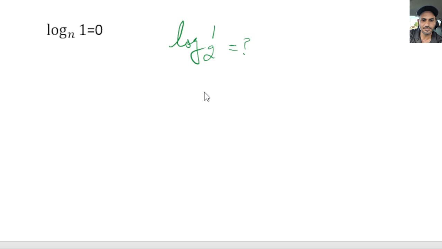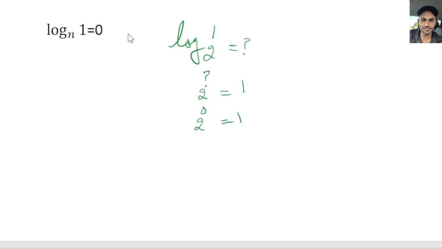So if we take 2 and we put that exponent there, it is equal to 1. So what do we have to raise this to so we get 1? Well, 2 raised to the 0th power is equal to 1. So any number other than 0 raised to the 0th power is always going to be equal to 1.